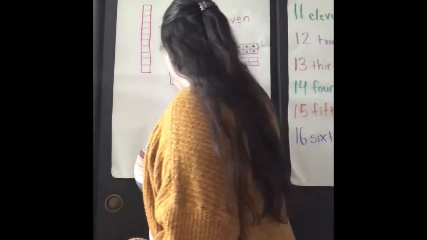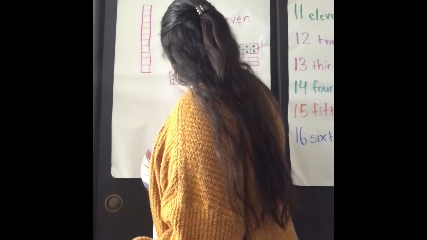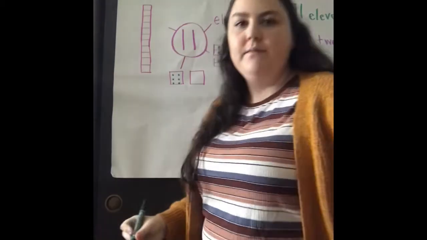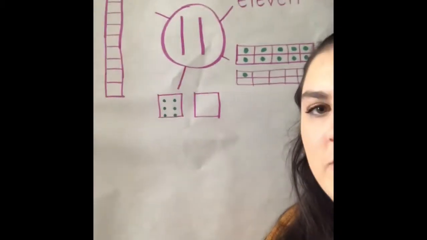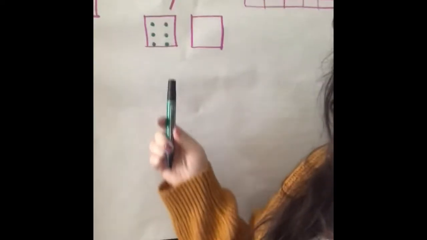I'm going to start with making 1 dice have this many. How many does my 1 dice have? It has 6. And then I'm going to make my next dice have this many.